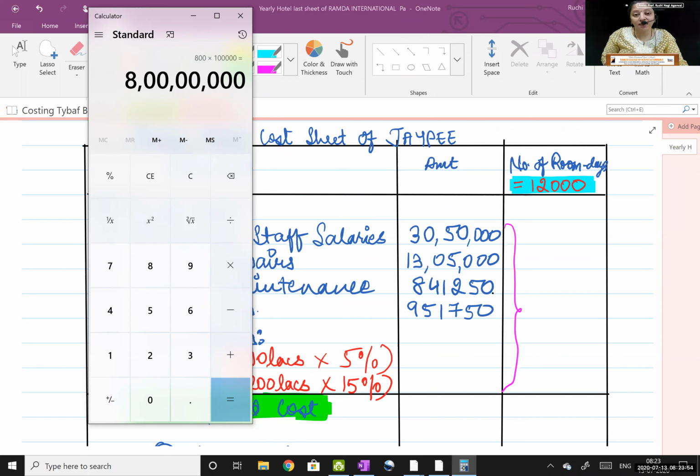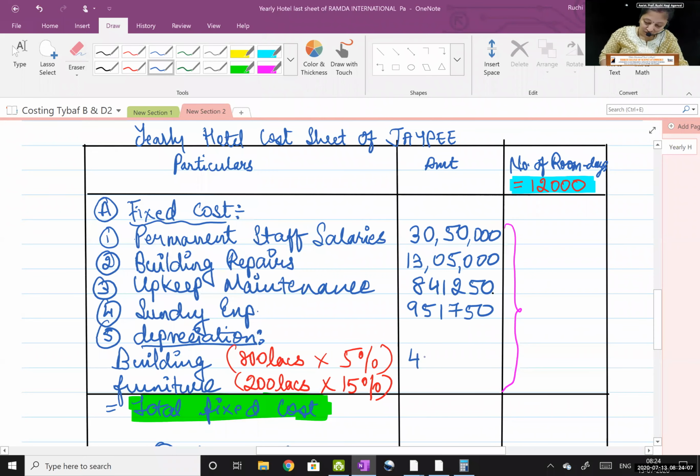So this is the best technique. 800 into 1 lakh. It is 8 crores. Okay. Into 5%. The answer is 40 lakhs. Write it here. 40 lakhs. Clear everyone? Okay.